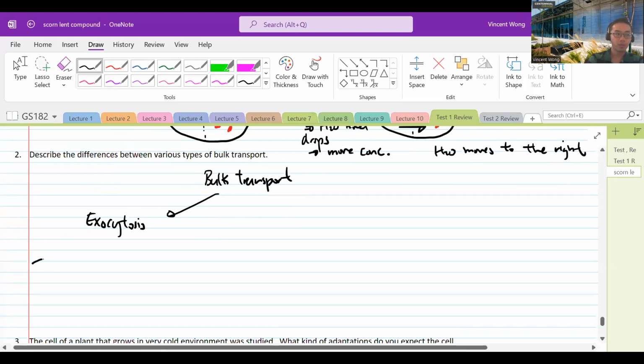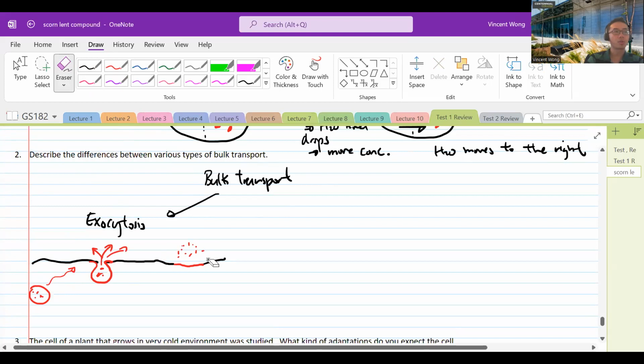Where is it going to go? Well, you're going to have the membrane here, and then the vesicle right here with its content. This will move towards the membrane, touch it and fuse with it. Like that. And then afterwards, it will completely become part of the membrane and all of its content will be released. Okay, so all this stuff will come out.